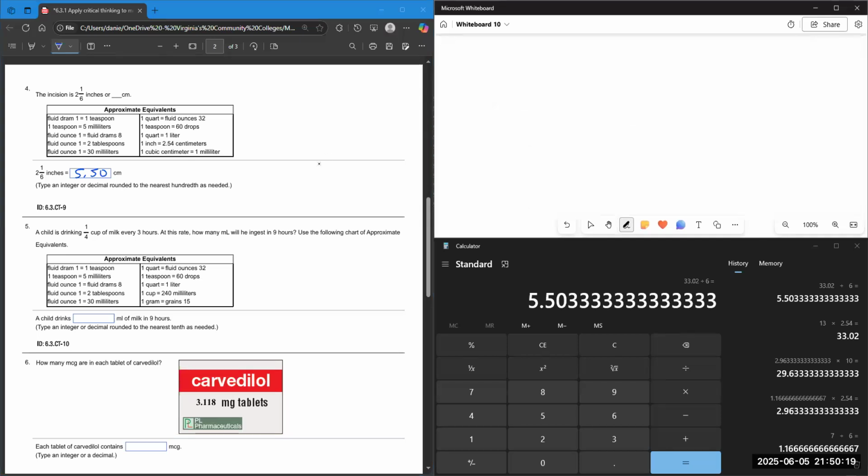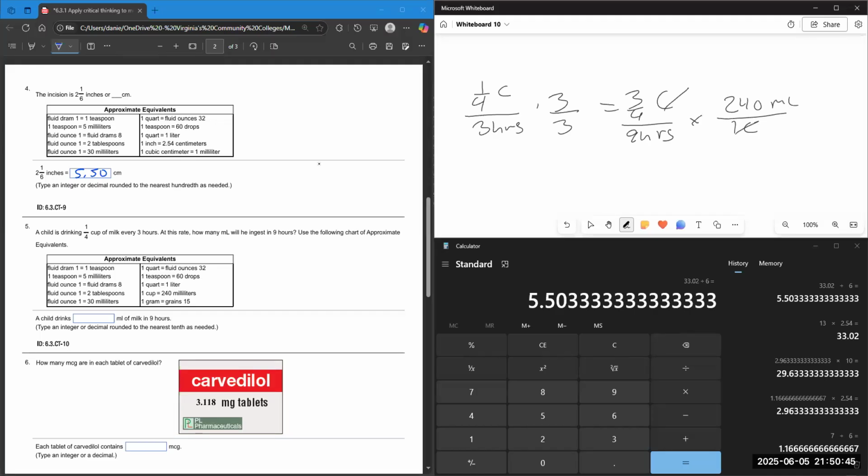A child drinks 1/4 of a cup of milk every 3 hours. At that rate, how many milliliters will they drink in 9 hours? So this is 3/4 of a cup in 9 hours. And we want to change the cup to milliliters, which is 240 milliliters.